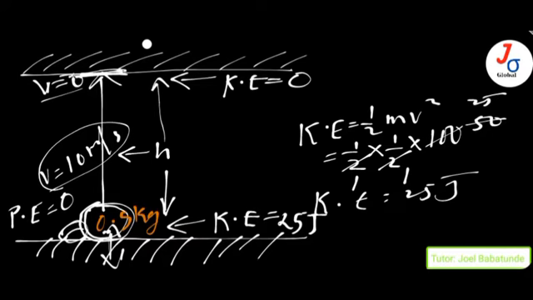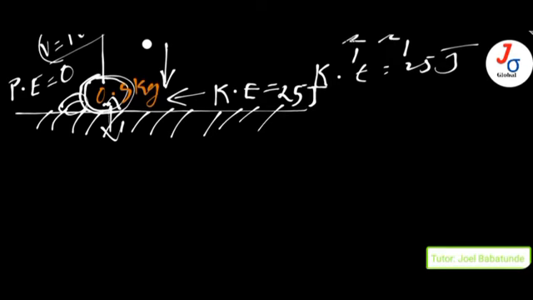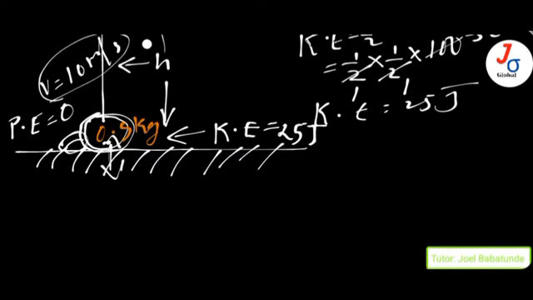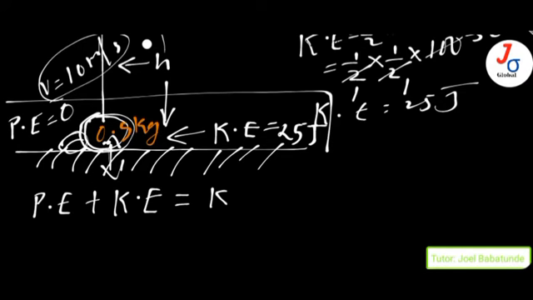Now remember, from the law of conservation of energy, potential energy plus kinetic energy is equal to a constant at any point. Now, what is the constant? Do we have potential energy and kinetic energy for a particular point? Yes, we do, for the ground level. At ground level, potential energy is 0 and kinetic energy is 25 joules.